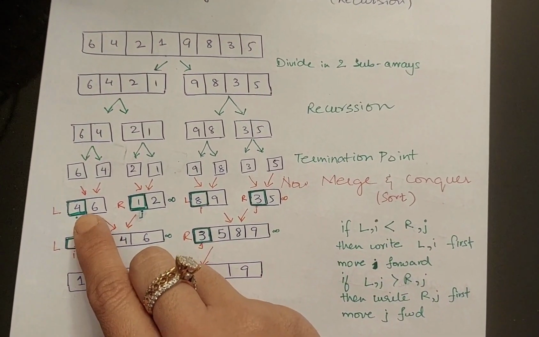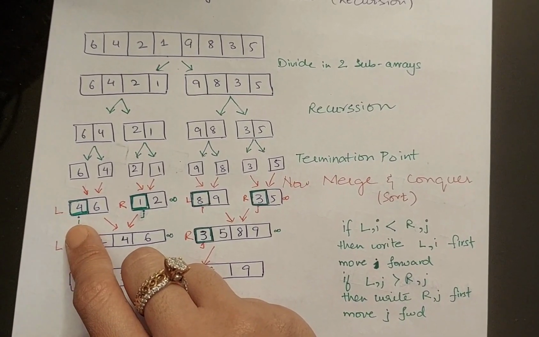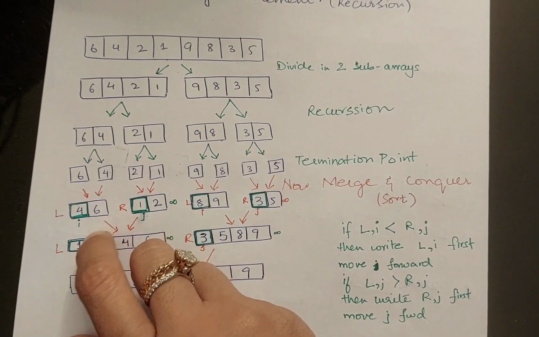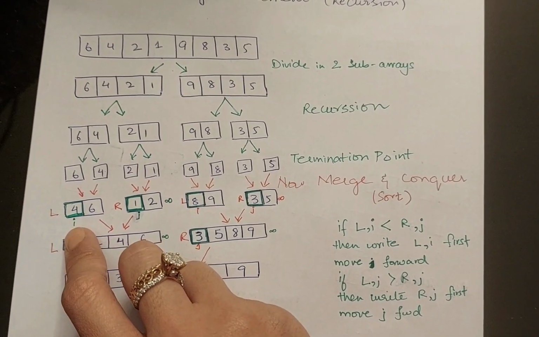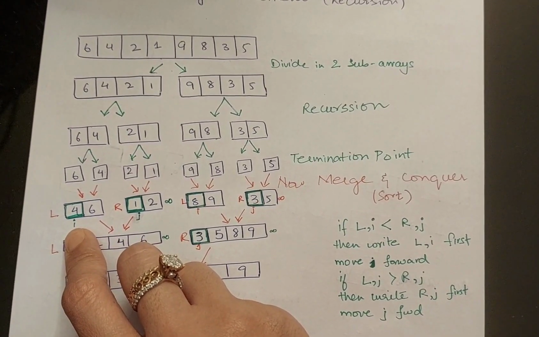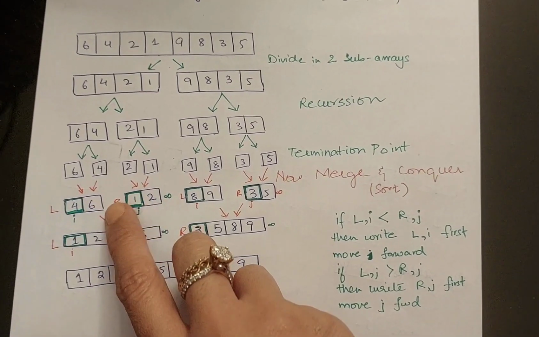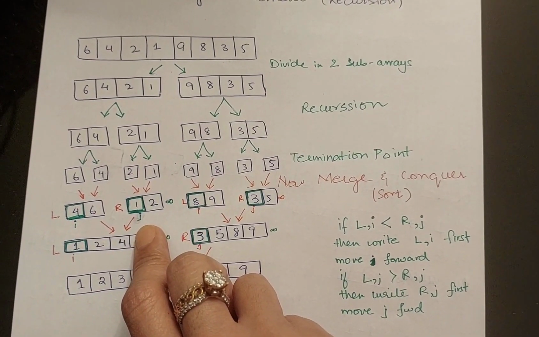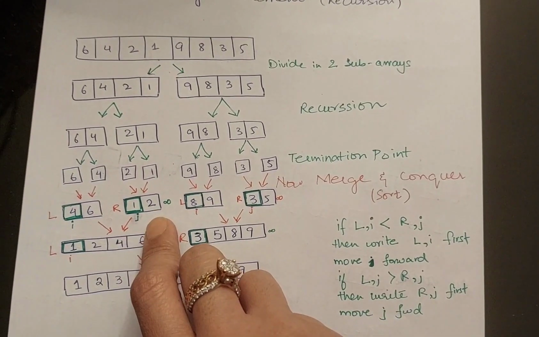First of all, you can imagine that we have placed a pointer I on the first element, and we call that this is my left subarray, and Li is my pointer that I have placed on the first element of this subarray, and Rj is the pointer that I have placed on the first element of my right subarray.